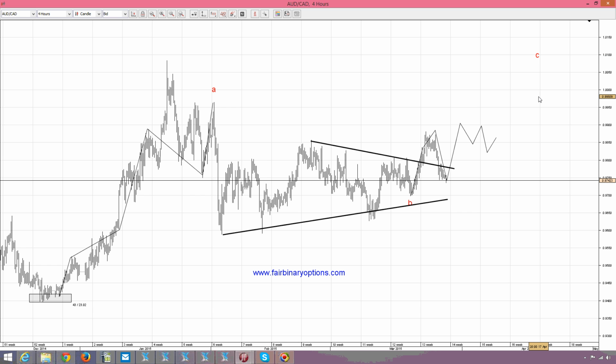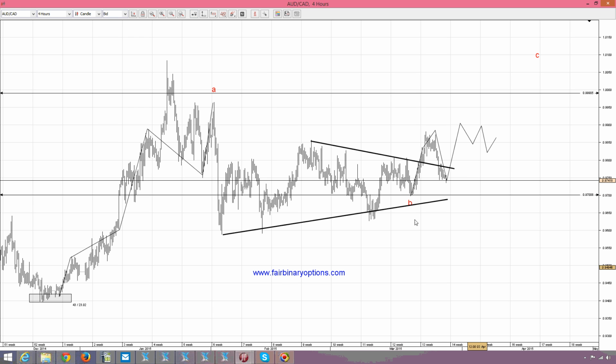Now, however, after we go almost to parity, maybe even more than parity, something like 99.90 area or stuff like that, we should look into trading put options, because normally on any move to the upside that has a 5-wave structure, we should go for the market to retrace all the way to the beginning of this triangle.